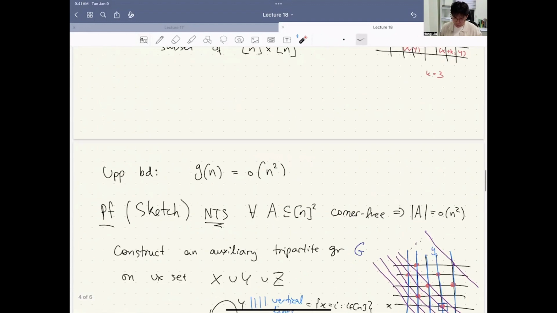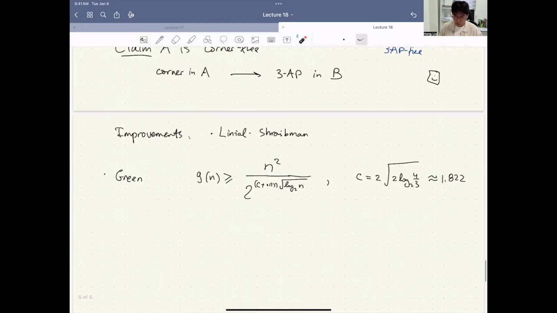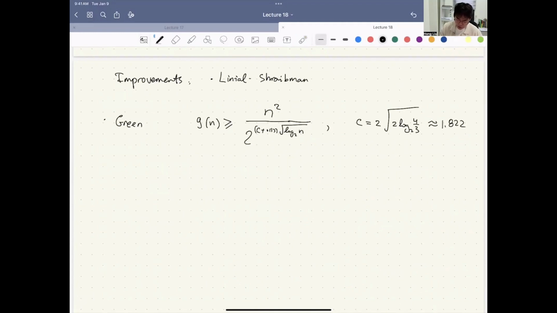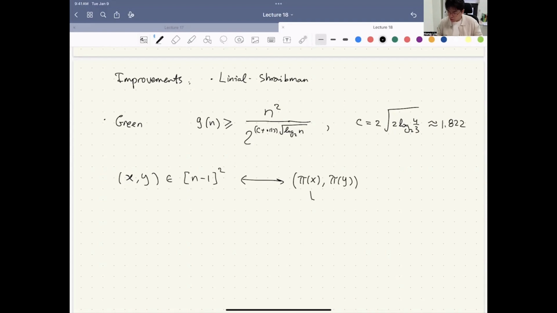Now we take again quinary expansion, associate a point (x, y) in n minus 1 squared to pi of x, pi of y, where again, this is the quinary expansion.